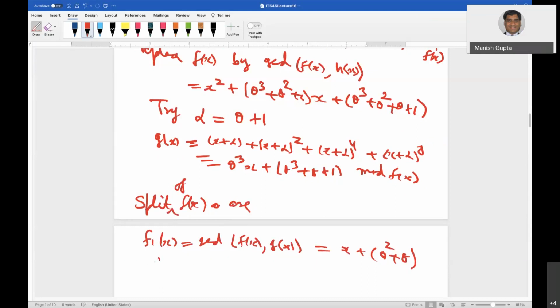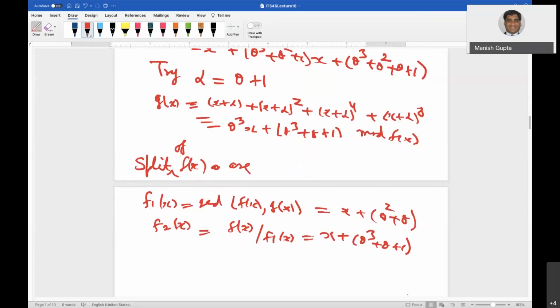And f2(x), the cofactor, is f(x) divided by f1(x), which turns out to be x + θ³+θ+1. Therefore, the roots are θ²+θ and θ³+θ+1.